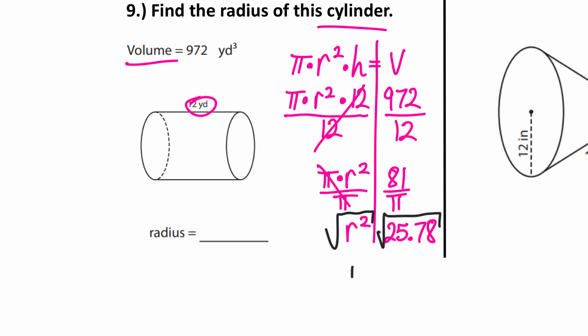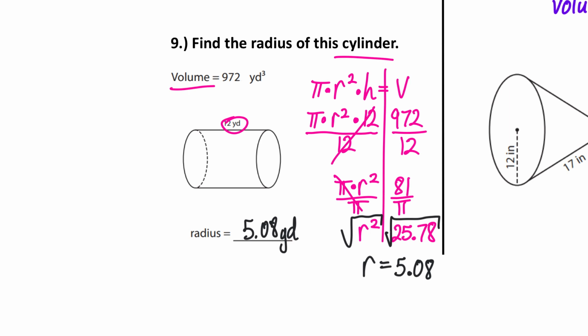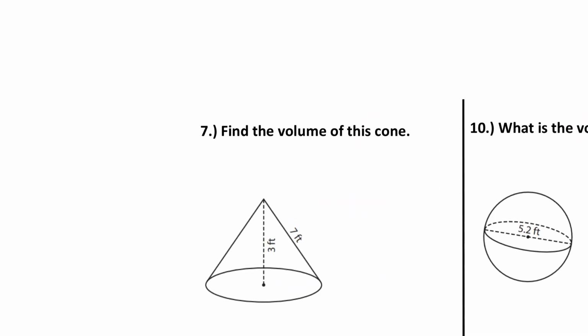Square root, there you go. And what does that give you? 5.08. Okay, good. All right, I'm just doing this absolutely backwards.